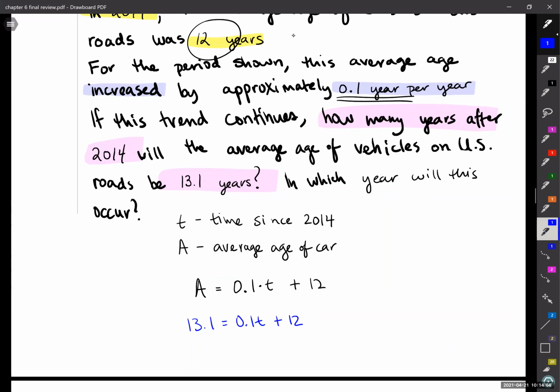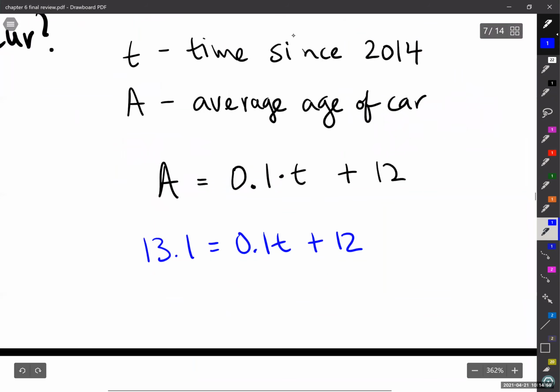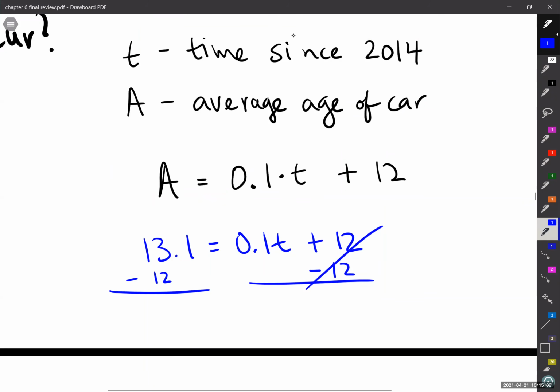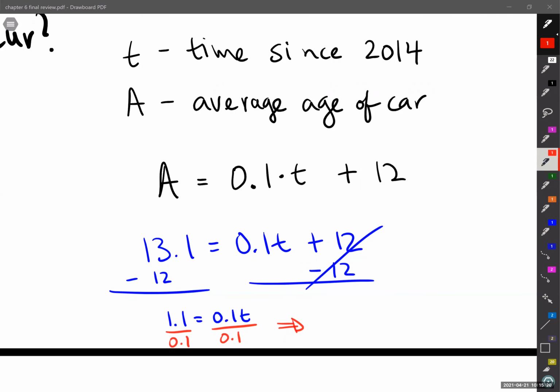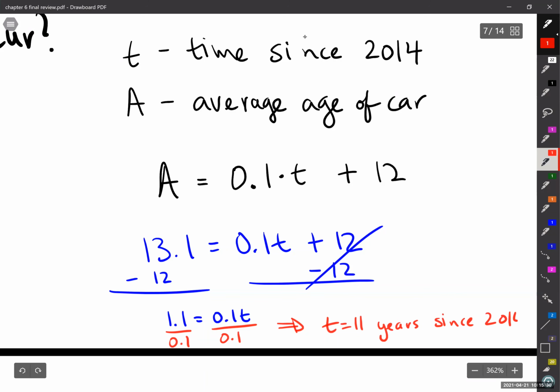We're solving the equation for T. Did y'all get T is 11 years since 2014?